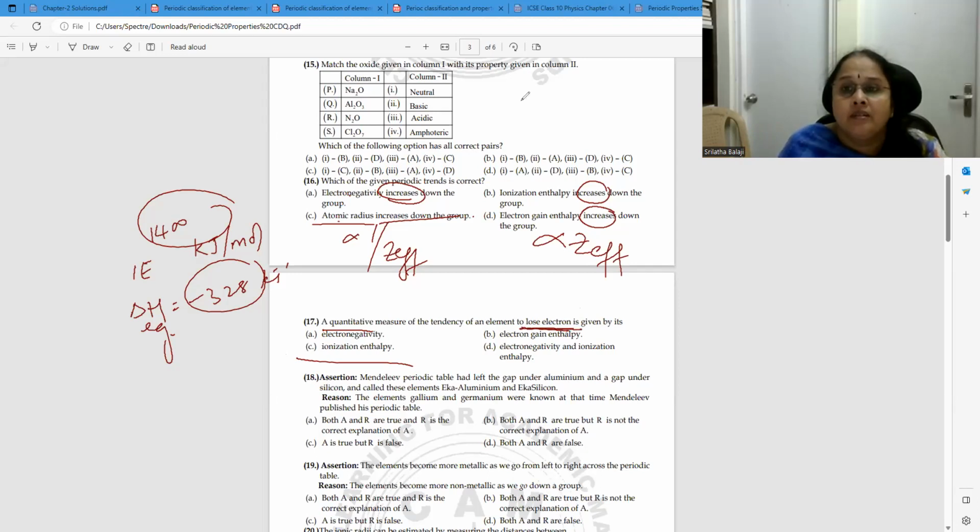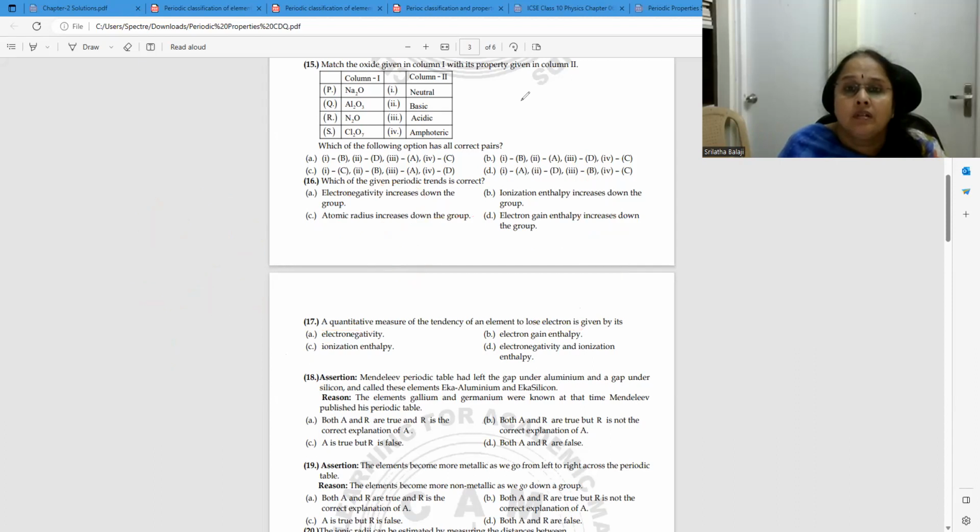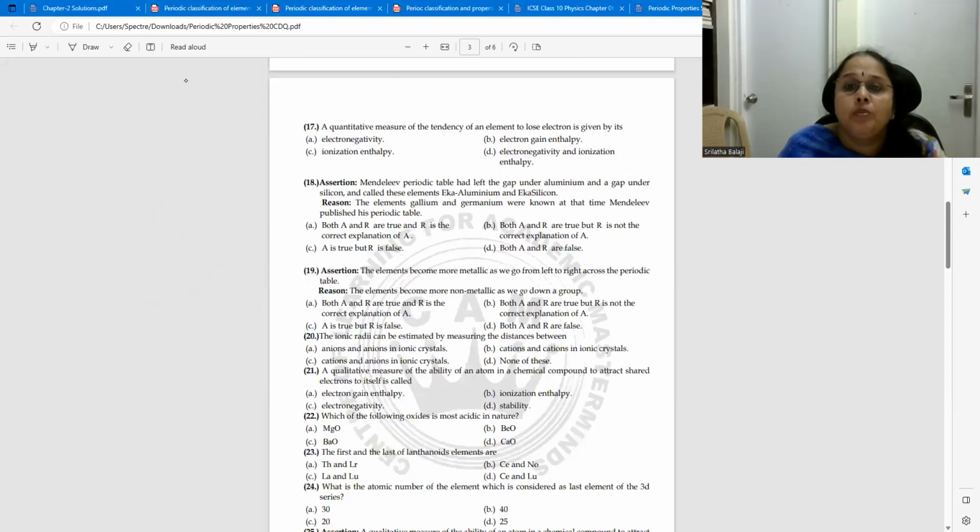Next, assertion reason. Mendeleev's periodic table had a gap under aluminium and a gap under silicon. The elements gallium and germanium were known at the time Mendeleev published his periodic table.